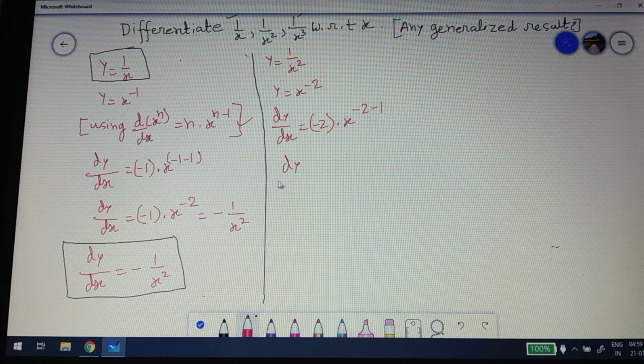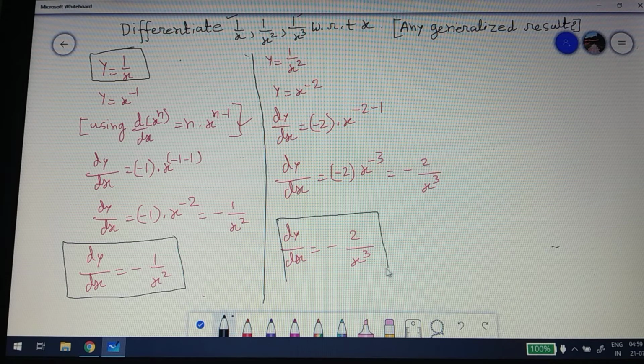So you get dy by dx equal to minus 2 into x to the power minus 3, which can be written as minus 2 upon x cube.